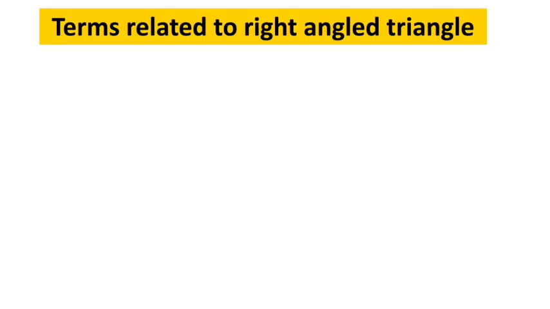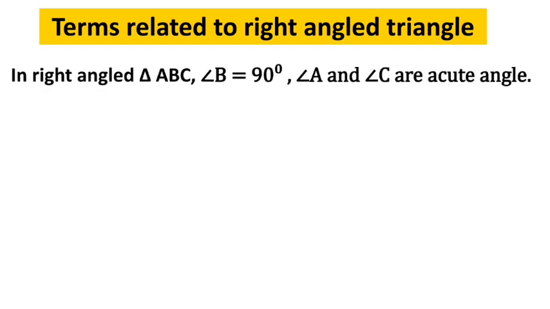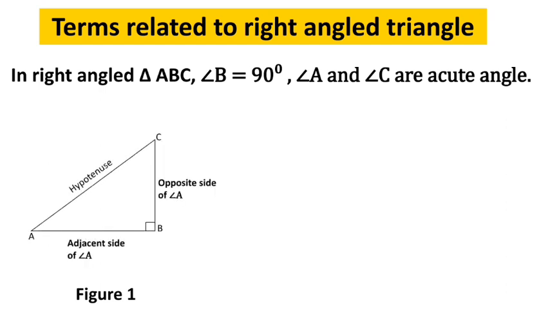Terms related to right angle triangle. In right angle triangle ABC, angle B is 90 degrees and angles A and C are acute angles. If you see in figure number 1, triangle ABC is a right angle triangle, angle B is 90 degrees, angle A and angle C are acute angles.